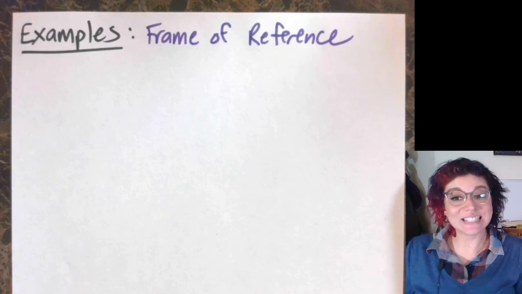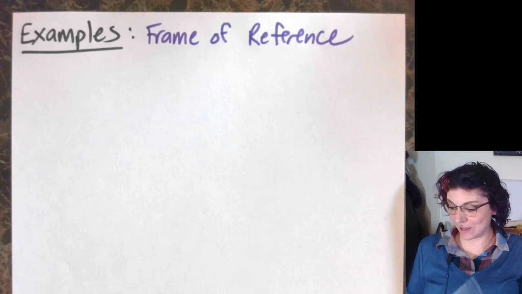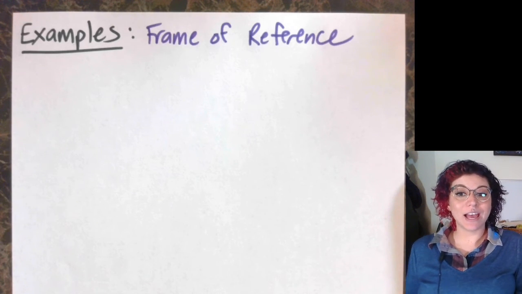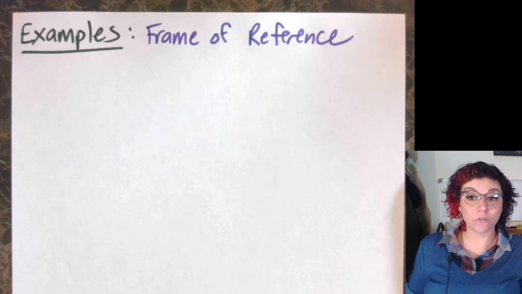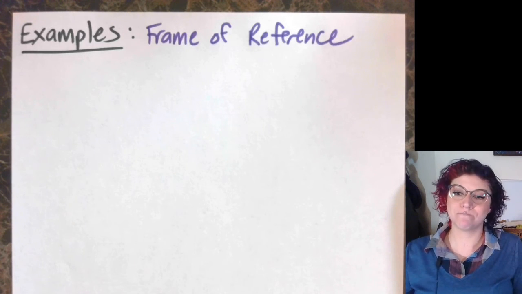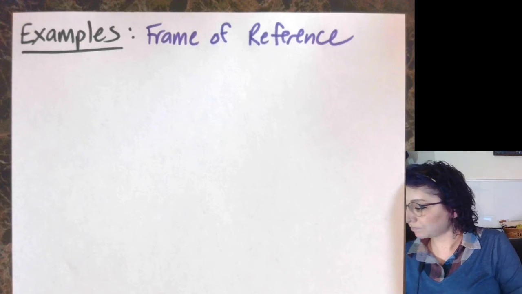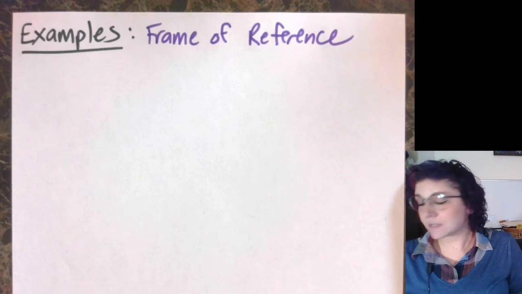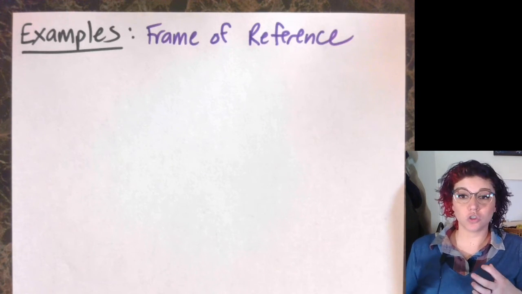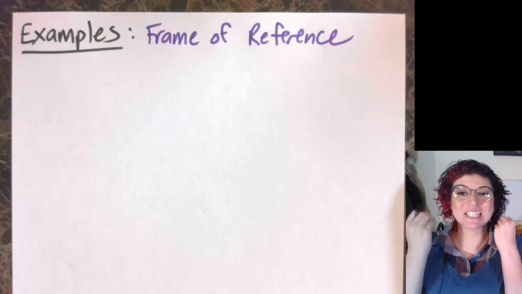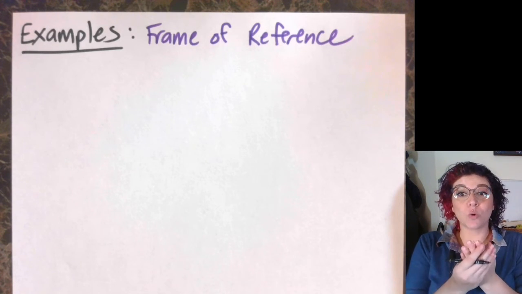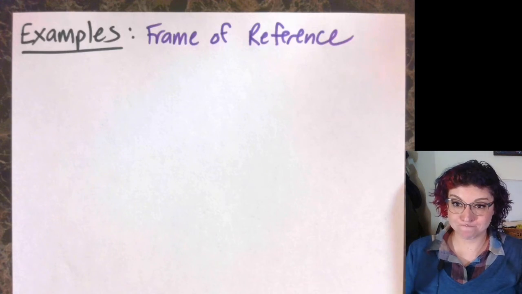This will be the last section for this set of lecture material, and we are going to talk about frame of reference. In a frame of reference, you are setting the perspective that you are looking at the world from.